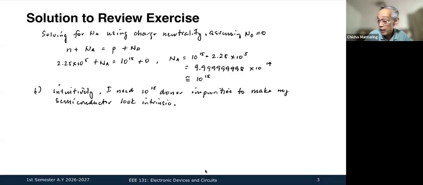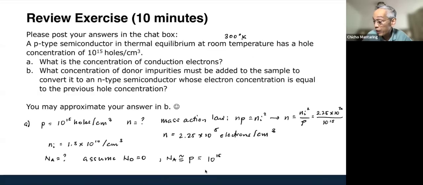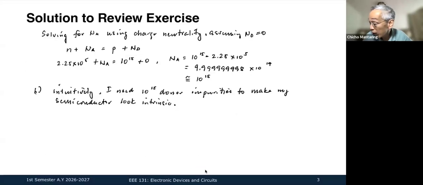You understand what I'm saying? Kasi meron kang 10 to the 15 acceptor impurities. Kung gusto ko siya maging intrinsic uli, dadagdagan ko siya ng 10 to the 15 donor impurities. Ano mangyayari, for every acceptor impurity, nagkaroon ka ng donor impurity, the two will cancel each other out and it will look intrinsic.